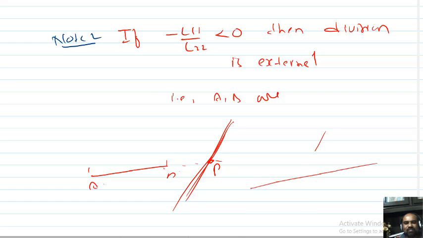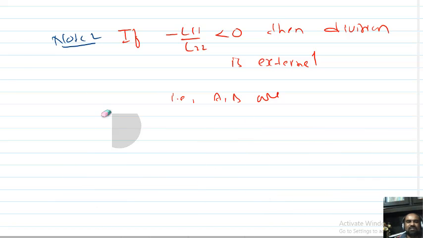In the previous example what happened? The ratio is internal means A, B are on either side of L. Okay? A, B are on the same side of L. So what is the meaning of that? I want to multiply by minus on the other side. What happens?